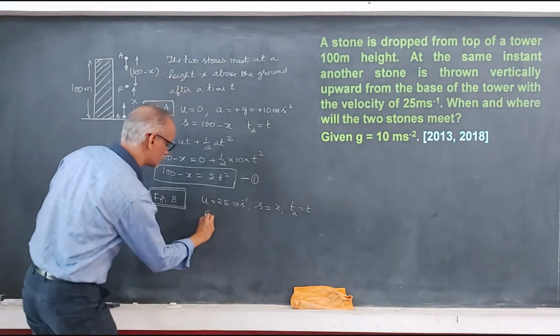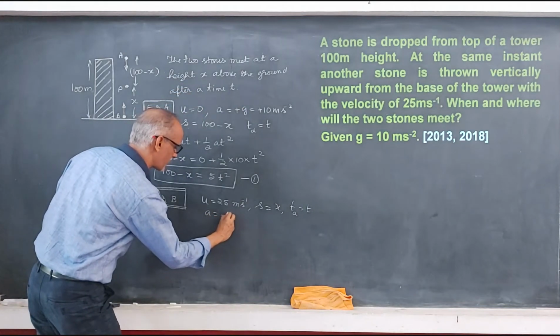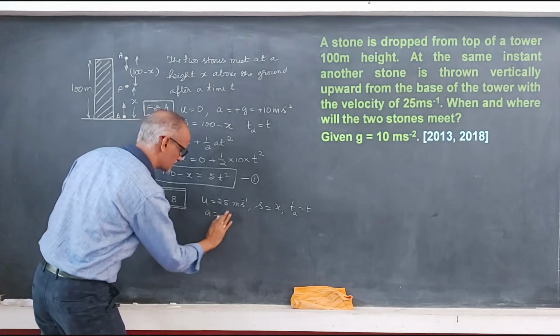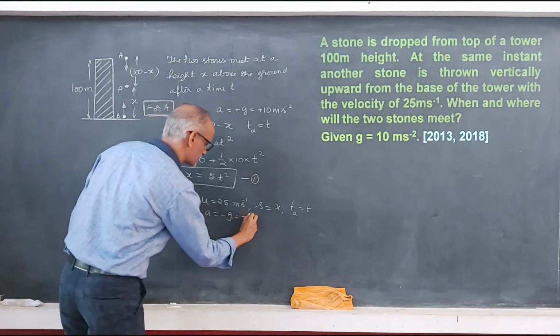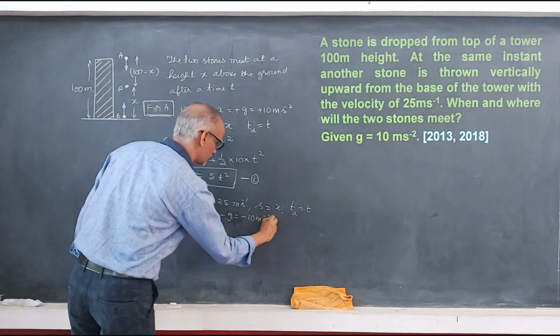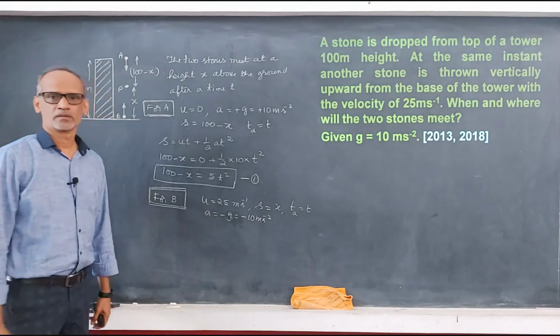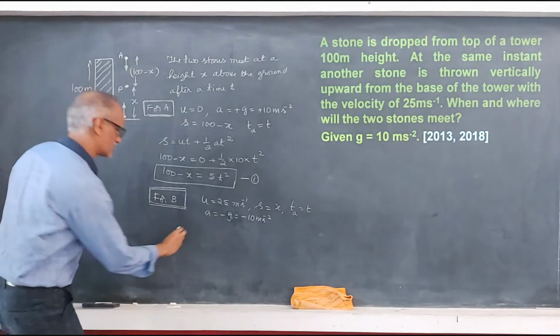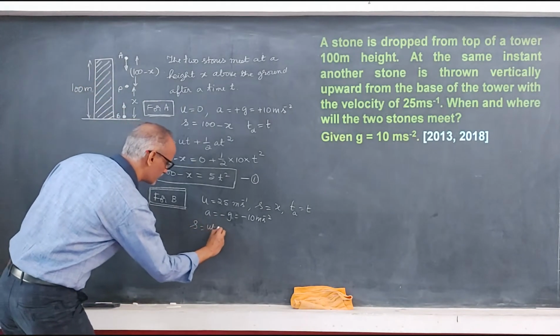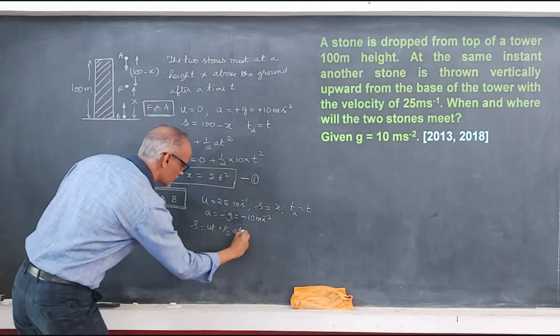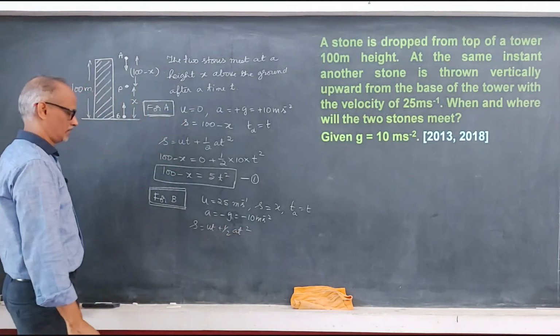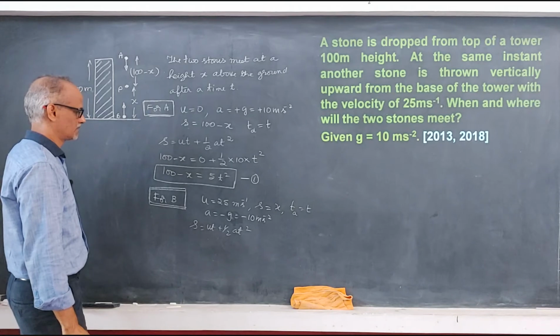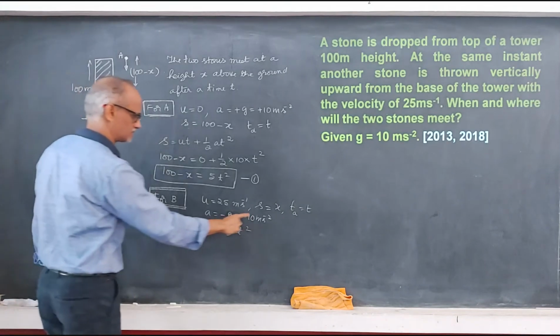What is the acceleration? It's going up, right? So it is minus g, which is minus 10 meter per second square. So again I'll use the same equation, s is equal to ut plus half at square. The value of s is x here.